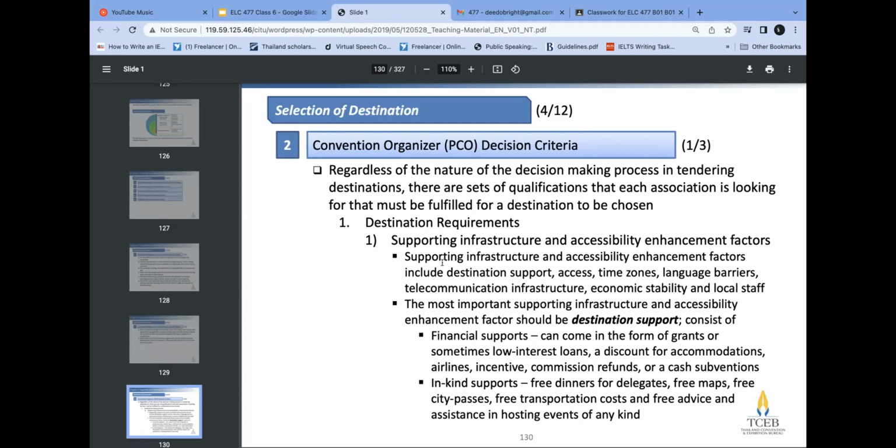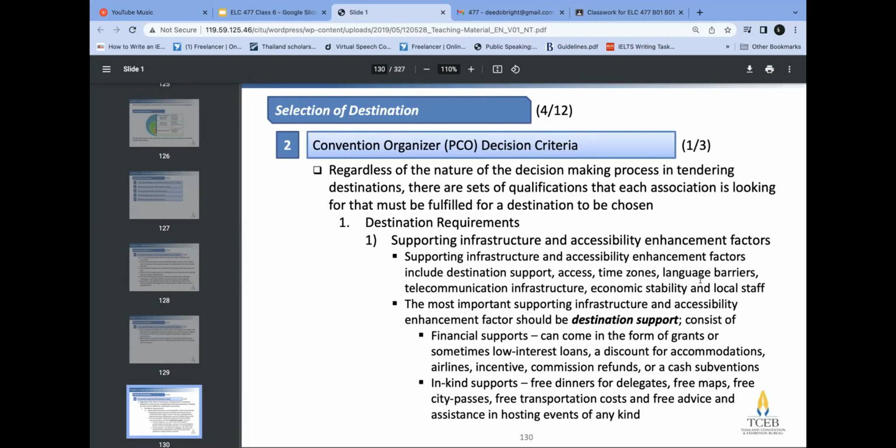It said that supporting infrastructure and accessibility enhancement factors include destination support, accessibility, and time zone. Time zone matters because if we run international conferences, Western and Eastern countries might be different in terms of time zone.